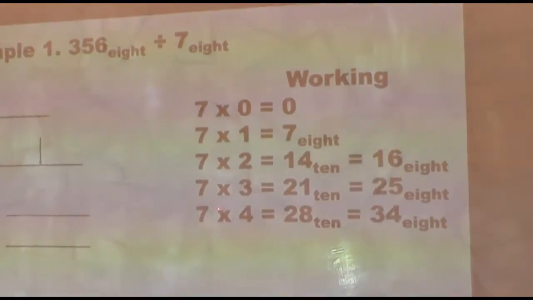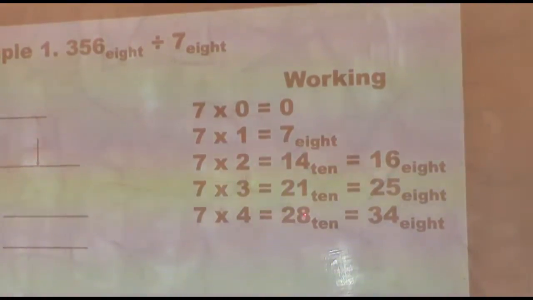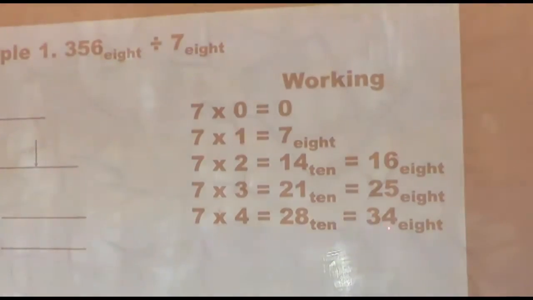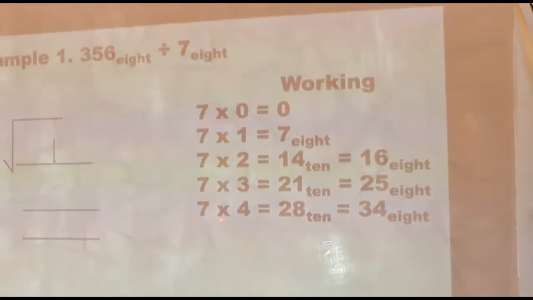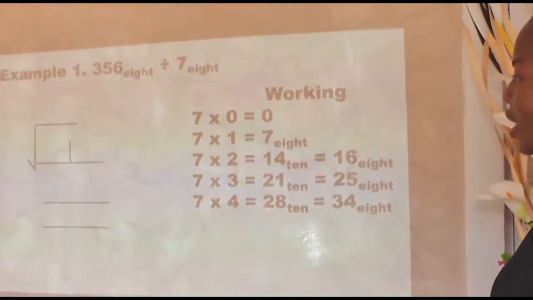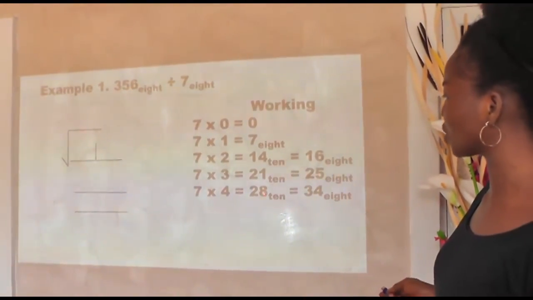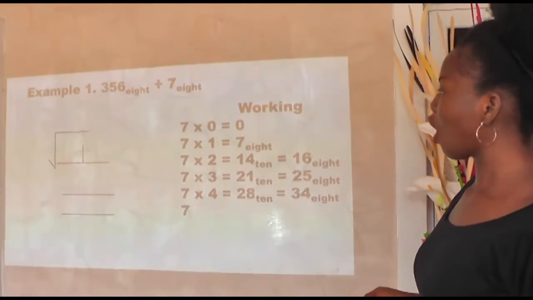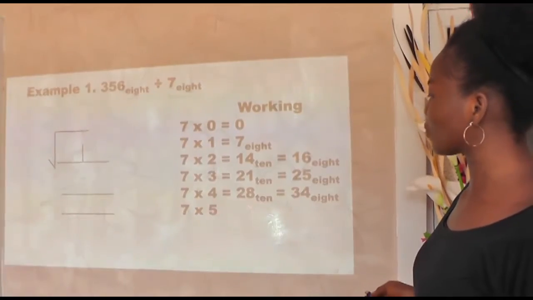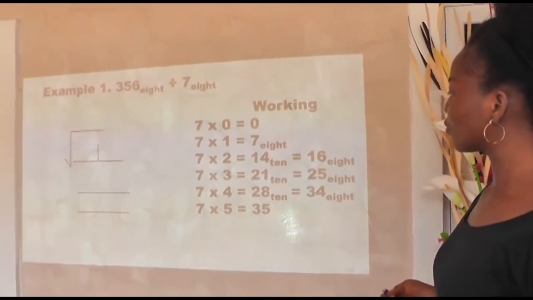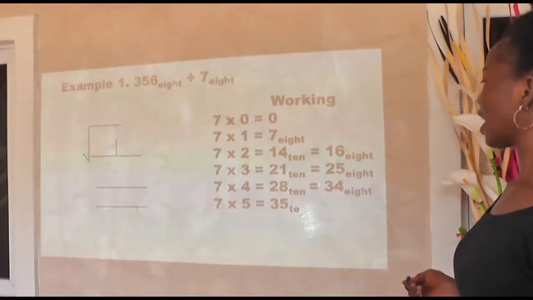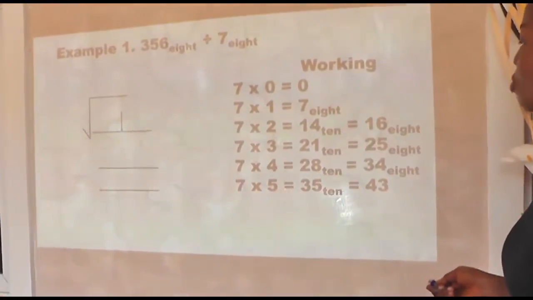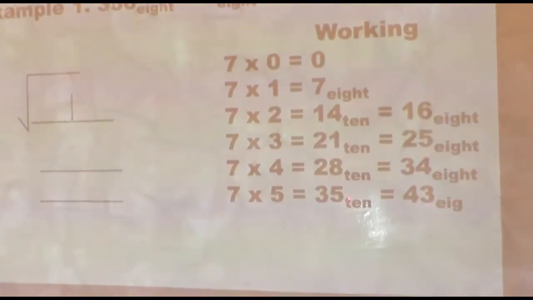Now we have 7 times 4 will equal 28 in base 10, but it will equal 34 in base 8, because in 28 we'll ask how many groups of 8 can we find. We'll find 3, then a remainder of 4. Also, 7 times 5 will give 35 in base 10, and we ask how many groups of 8 can we find in 35?